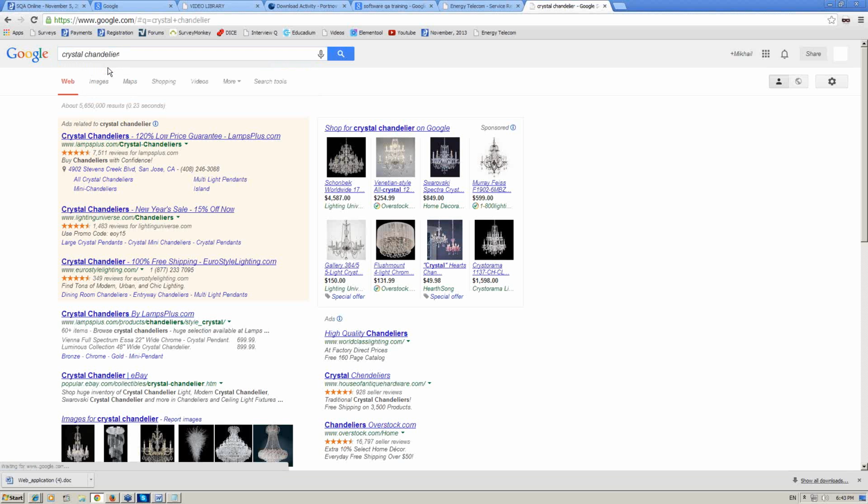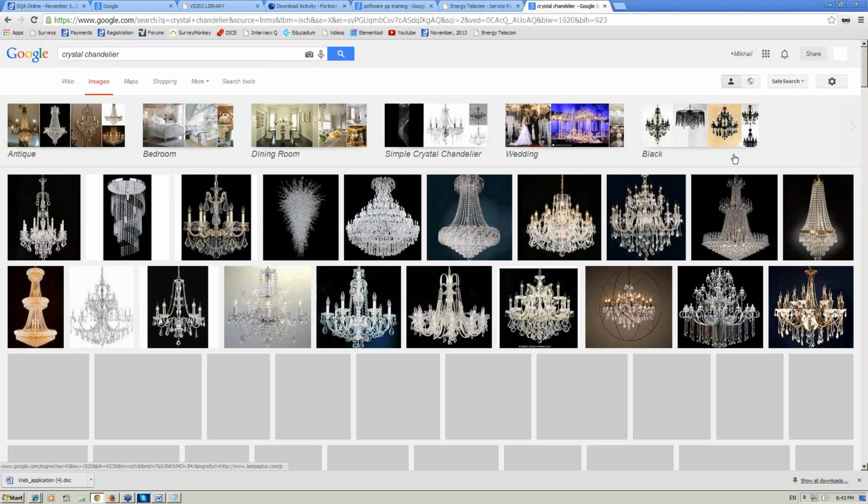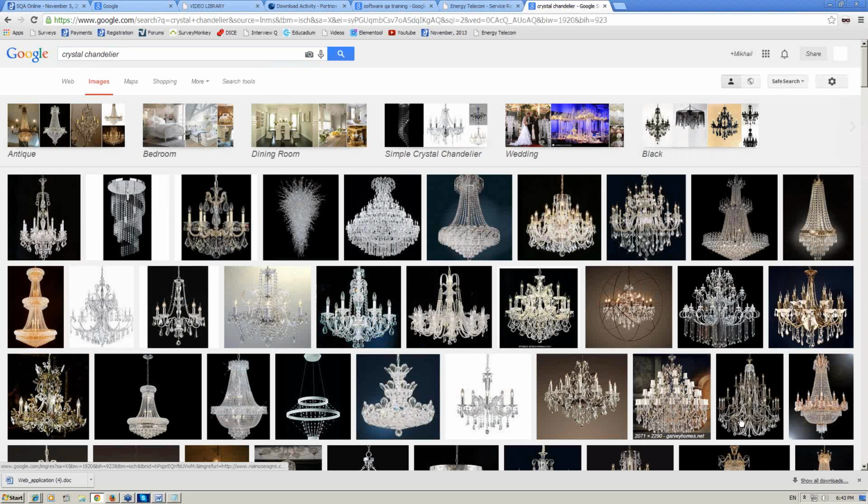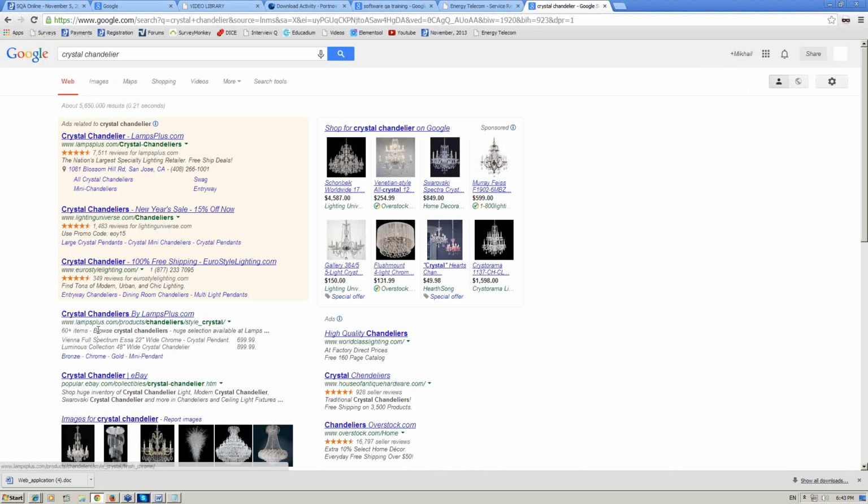Guys, if you don't know what a chandelier is, that is what you see in the pictures here. Those are crystal chandeliers. And then, Lamps Plus. That is an advertisement.